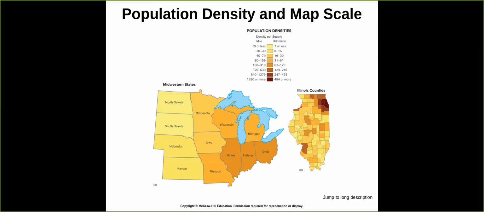You have this one version of what the region is for the Midwestern states, and you can see the population densities that are being described for those states. However, what that does is it makes all the states appear uniformly equal within those states. However, if you zoom in, and in this case we're looking at Illinois, we can see on a county by county basis that the population of Illinois is not distributed evenly across the state.